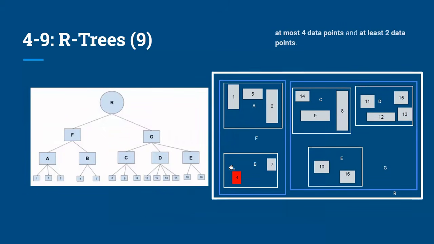We had our tree as is in the other cases. This time, we will have a problem. Remember, from the very beginning, we said that by design, our tree would have per node at most 4 data points and at least 2 data points. Now, once we get the 4 removed, we would have a problem with this minimum bounding box, this MBR.